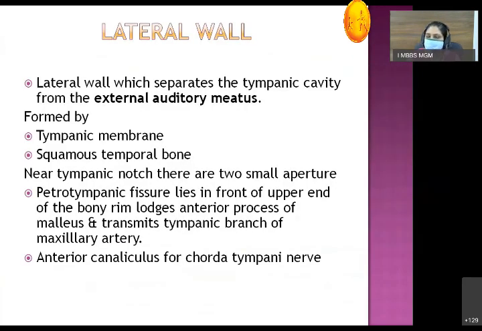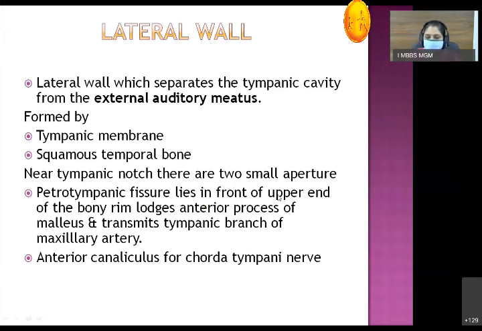Now we are going to the lateral wall. So this is the lateral wall of the tympanic cavity.